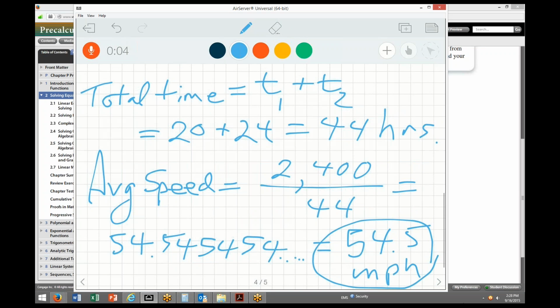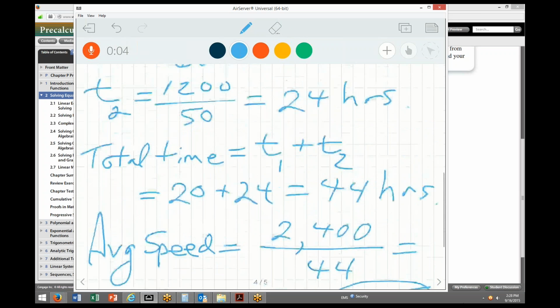We use the standard distance formula, D equals RT, and we had to solve it for T so that we could figure out what our time out there and our time on the return trip was, taking the distance both times at 1,200 miles, dividing by the speeds, 60 and 50 respectively, getting the two times of 20 and 24 hours. And once we had that, we had what we needed to solve the problem.